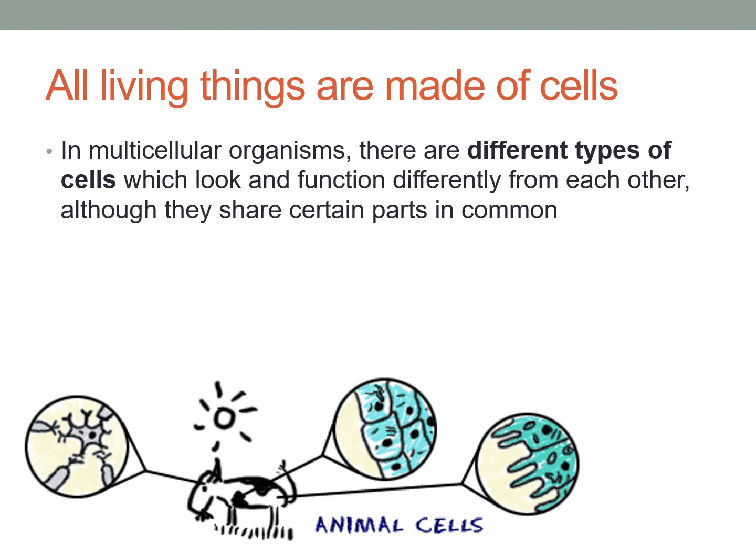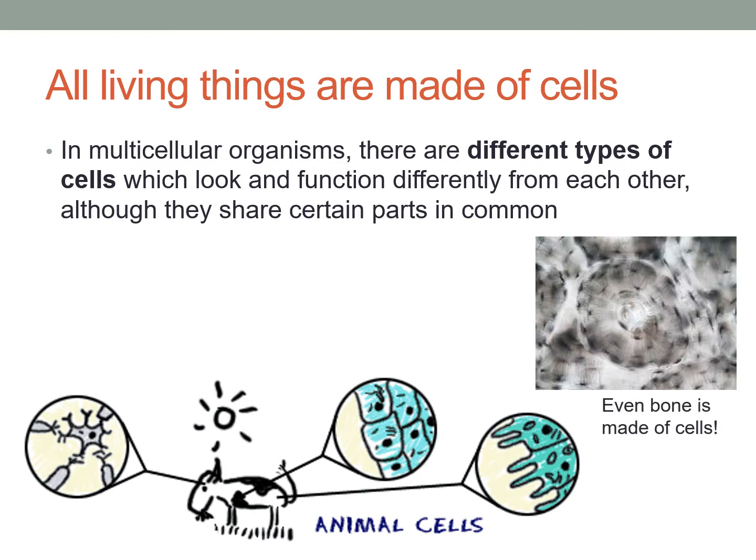Oh, this is that slide, right? So if you have multiple cells, you have lots of different ones. They specialize, okay? Even our bone is made of cells, okay? Highly specialized ones with really special stuff that they put around themselves that makes bone really hard. So it's all about what kind of cells you have.